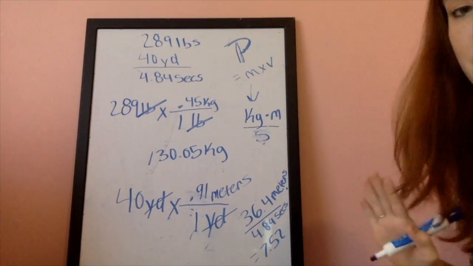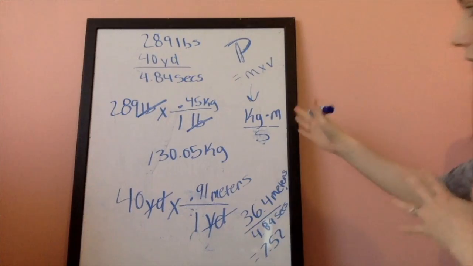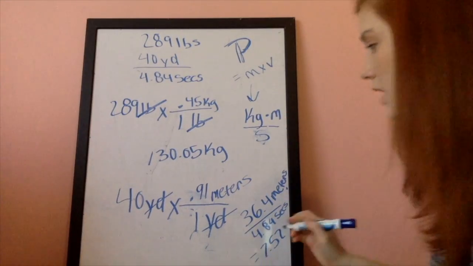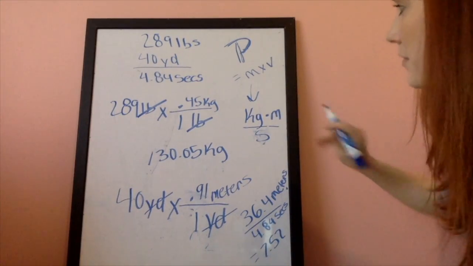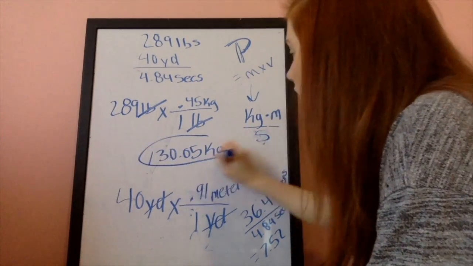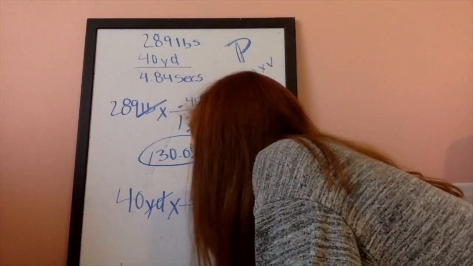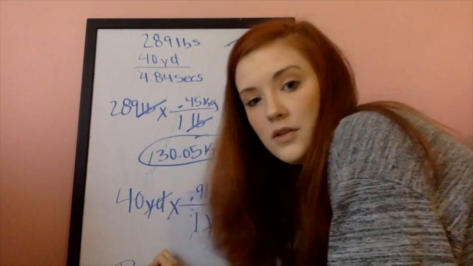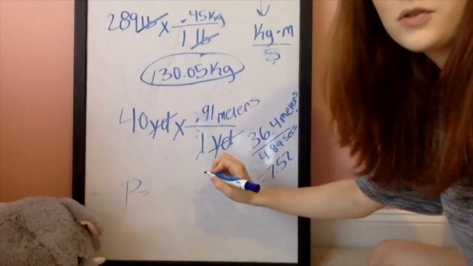So now we have everything that we need in order to get kilograms times meters per second and to solve for our momentum. So now our mass is what? Our mass is 130. So momentum equals, can you see that? Let me scooch it down.